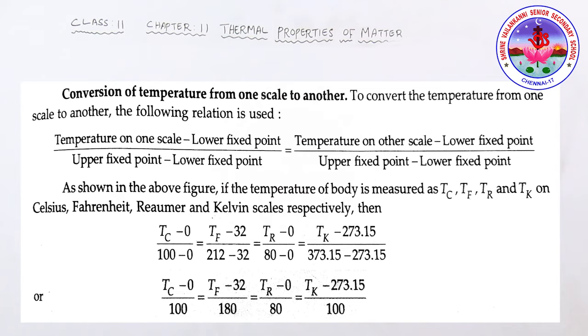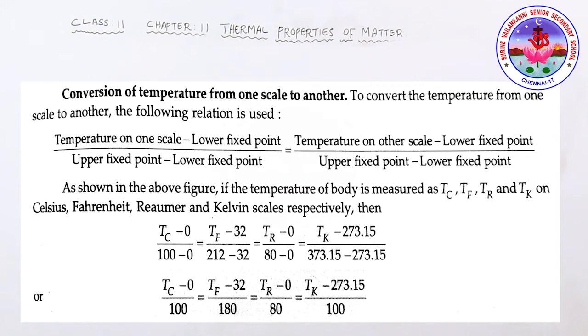As we saw in the diagram before, if the temperature of the body is measured as T Celsius, or the temperature in Fahrenheit, or maybe Kelvin, on the respective scale, then we can say Tc minus 0. That means the temperature on one scale; for example, I have taken here Celsius.